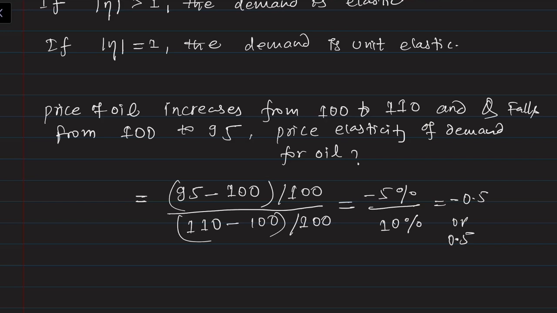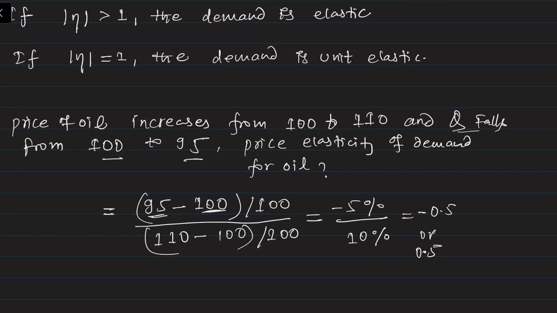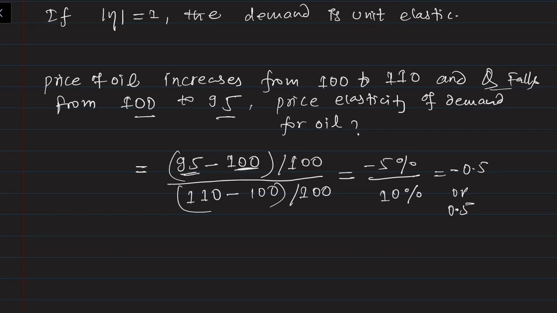Now here you can notice that I subtracted 100 from 95, because I know that the quantity demanded falls from 100 to 95. But I can also frame this question in a different way.